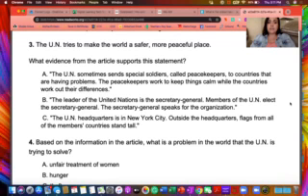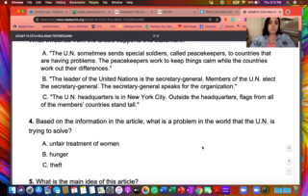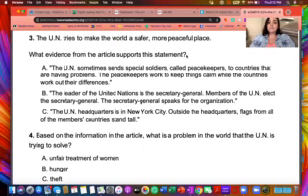B, the leader of the United Nations is the Secretary General. Members of the UN elect the Secretary General. The Secretary General speaks for the organization. Or C, the UN headquarters is in New York City. Outside the headquarters, flags from all of the members' nations stand tall. Again, the question was, what evidence from the article supports this statement?